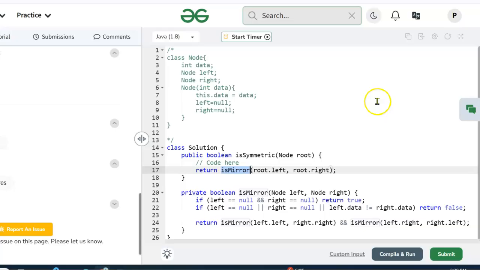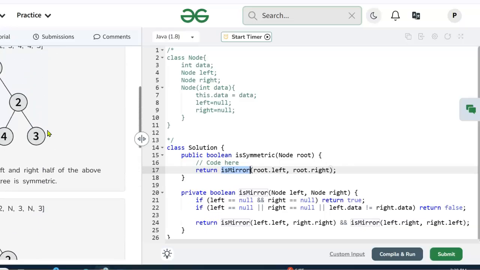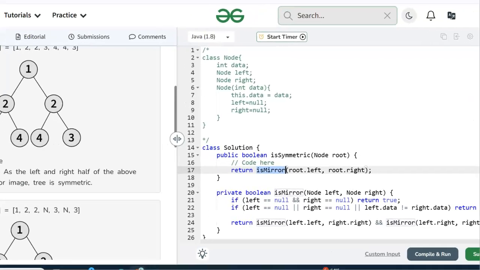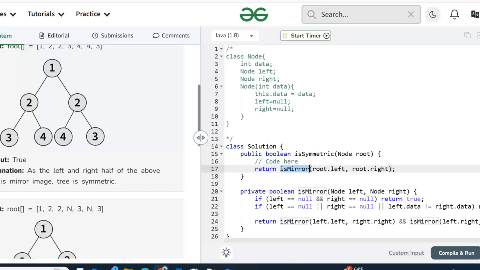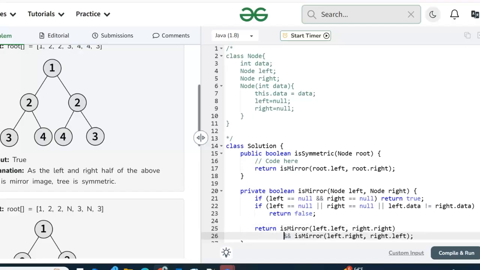The helper, let's call it isMirror. Okay. So let's pass in. Let's put a break here, and let's put a break here. All right, now we can see everything.